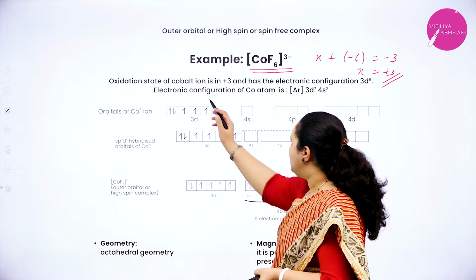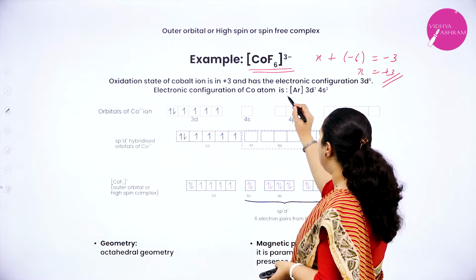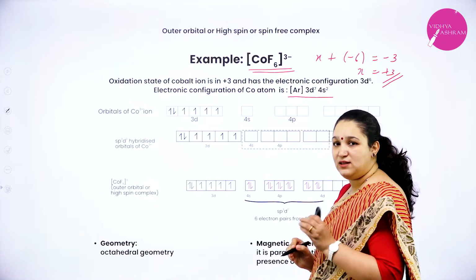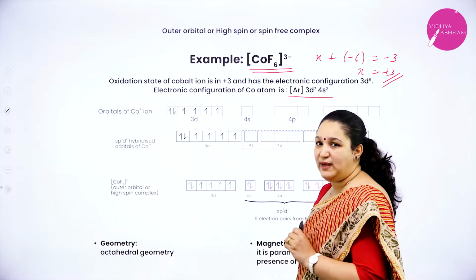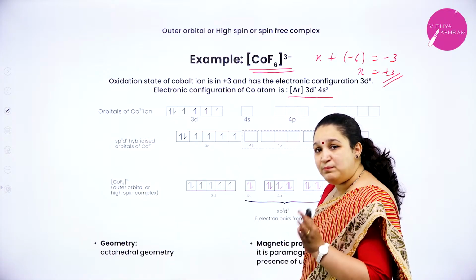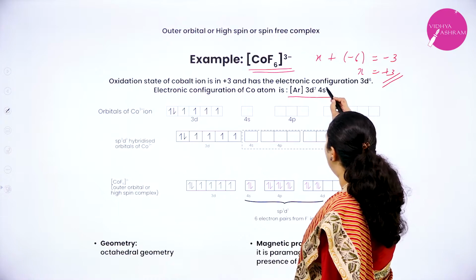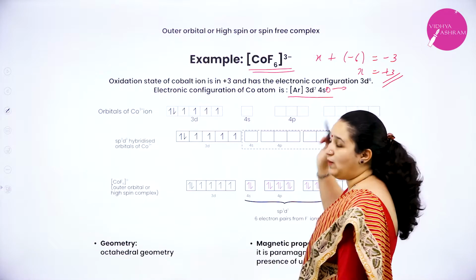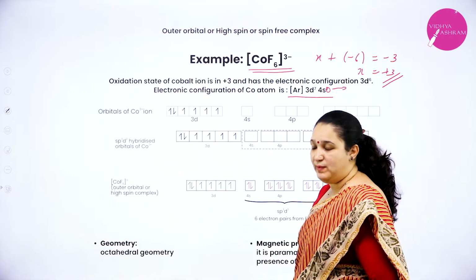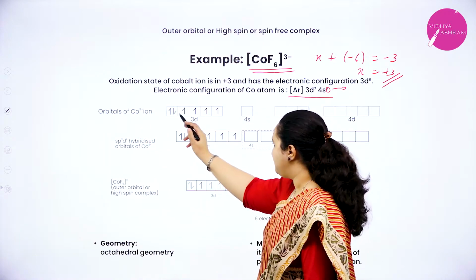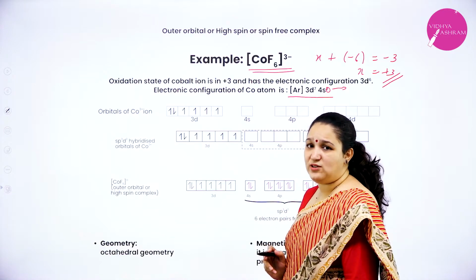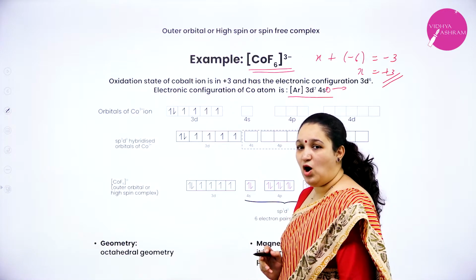The electronic configuration of cobalt atom is argon 3d7 4s2 because its atomic number is 27. As it is in plus 3 state, we have removed 2 electrons from 4s and 1 electron from the d orbital. So, Co plus 3 ion has 6 electrons in the 3d orbital.